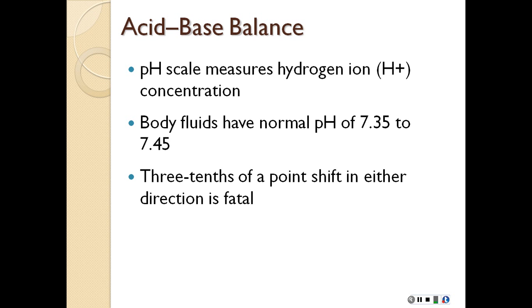So what pH of blood pH would be fatal? 7 point. So 3/10 of a point. 3/10 of a point. If you're going down, let's go down. So you're at 7.35. How low can the blood pH go before it's fatal?